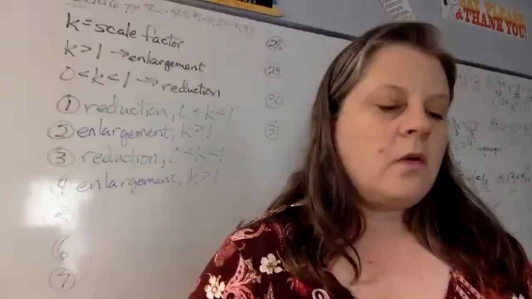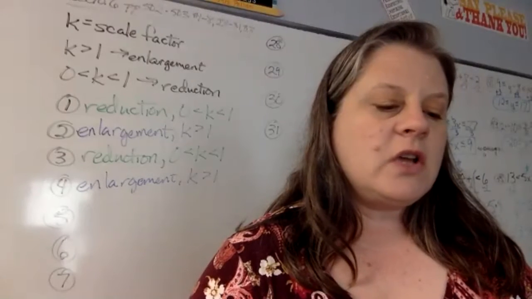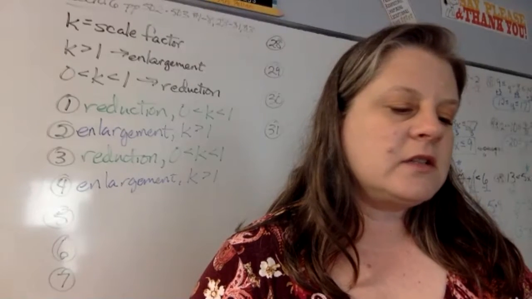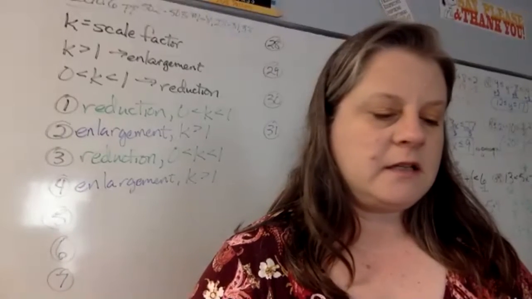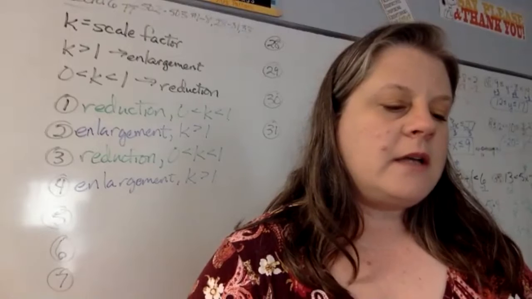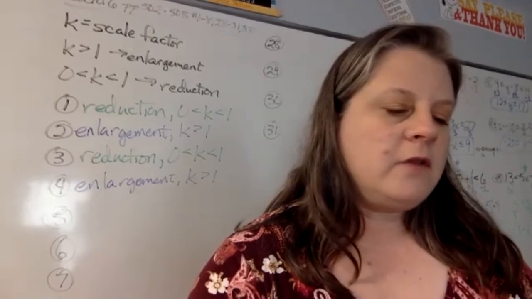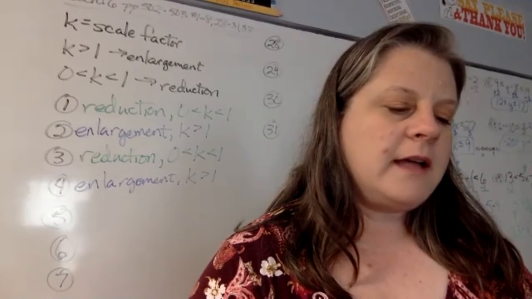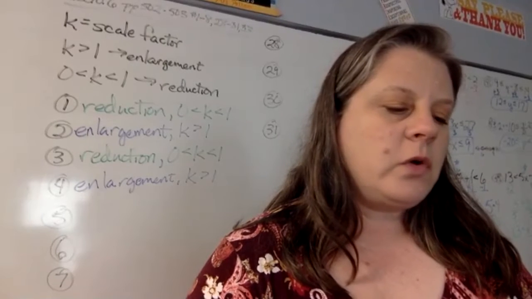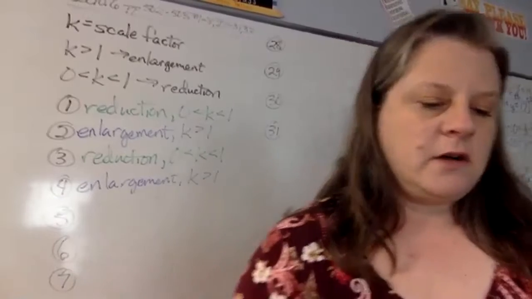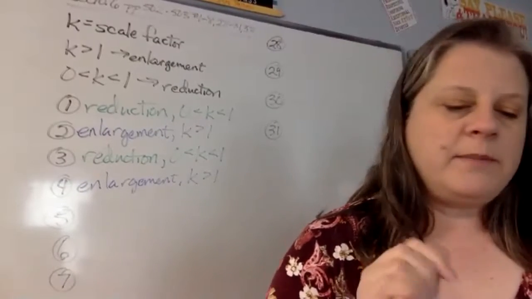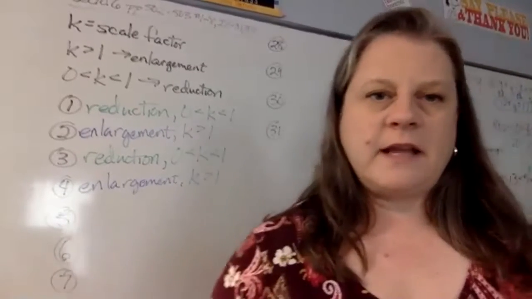Okay, so what we're doing first is looking at it to see, yes, it looks like an enlargement. No, it doesn't. Okay, I mean a dilation. So on number 5, you have your original longer black line, and then you have the shorter red one. So is that a dilation, first of all? Does it look like they line up with point P at the top, that it's a dilation?